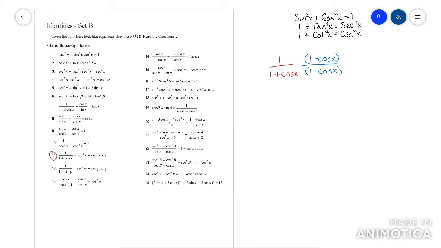And the reason you want to do this is because now on bottom here, this is a difference of squares. So on top, it's just going to be 1 minus cosine x. That's easy. On bottom, it's a difference of squares that if you do it correctly, you'll get 1 minus cosine squared x. All right, so once you're here, the top doesn't change. But on bottom, that's rule number 1. So you can call this sine squared x.